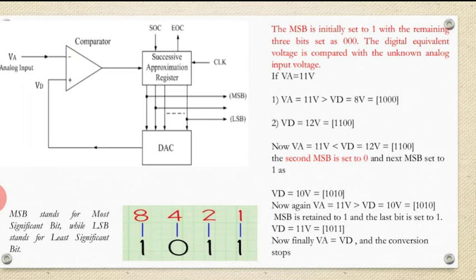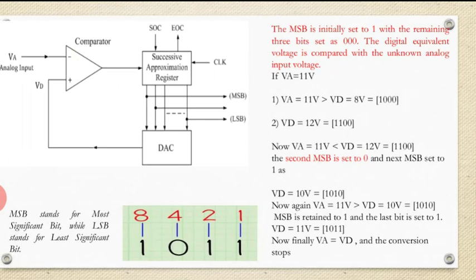I repeat, the second bit becomes 0 because the VD voltage was 12, and the next bit is set to 1. And 1 0 1 0 corresponds to 10 volt.